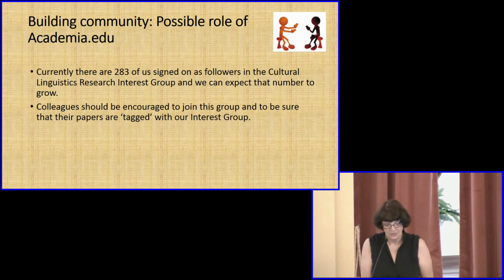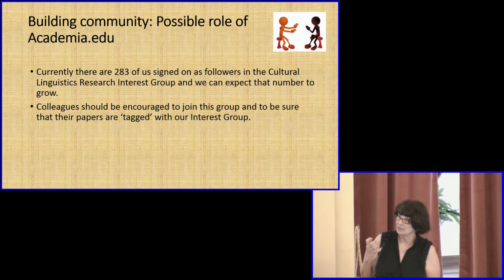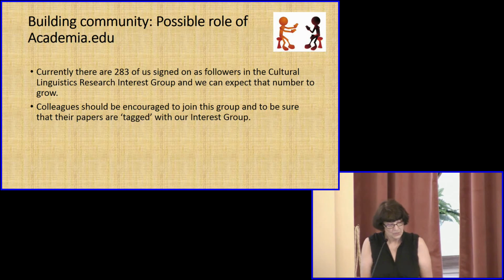Colleagues should be encouraged to join the Cultural Linguistics Research Interest Group on Academia.edu. You can go in and see who's there and what's going on. When you sign up, you get notifications when they post something, one of their articles. Colleagues should be encouraged not only to join the group, but to be sure that their papers are tagged with our interest group.